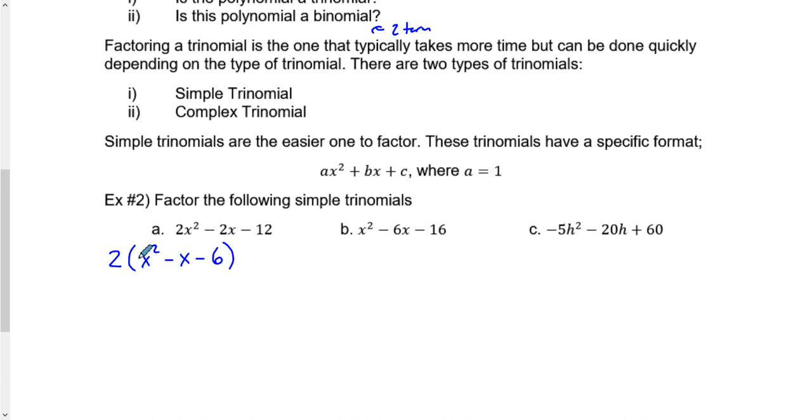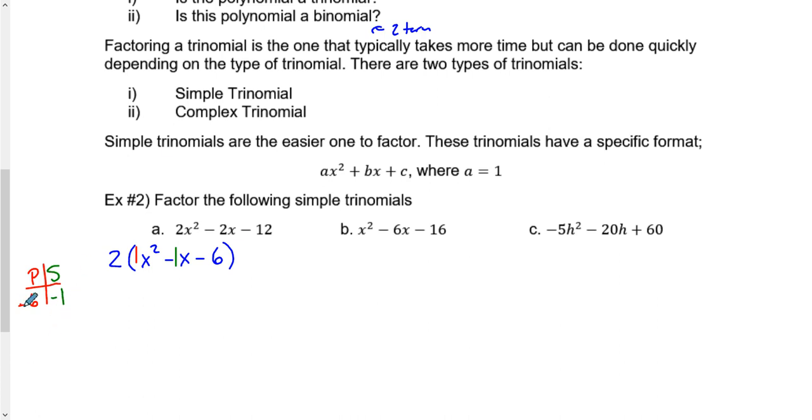Our first step is always to take our a and multiply it by our c, the number in front of our x squared, and multiply it by the constant term. That is going to become our product. So 1 multiplied by -6 is -6. Second step is to identify the number in front of our x term. In this case, a -1.